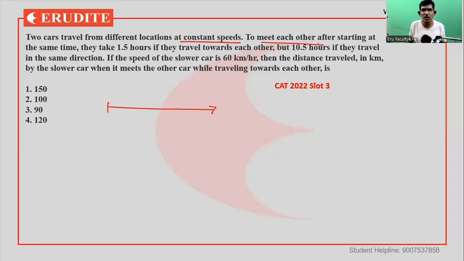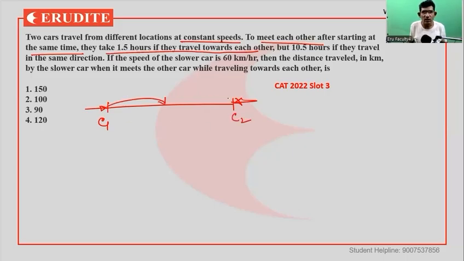So it says two cars are traveling at constant speeds. They start at the same time and take 1.5 hours if they travel towards each other.